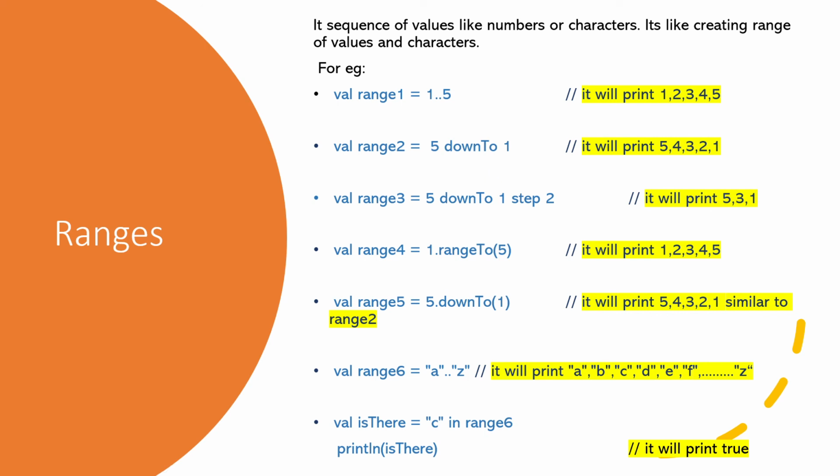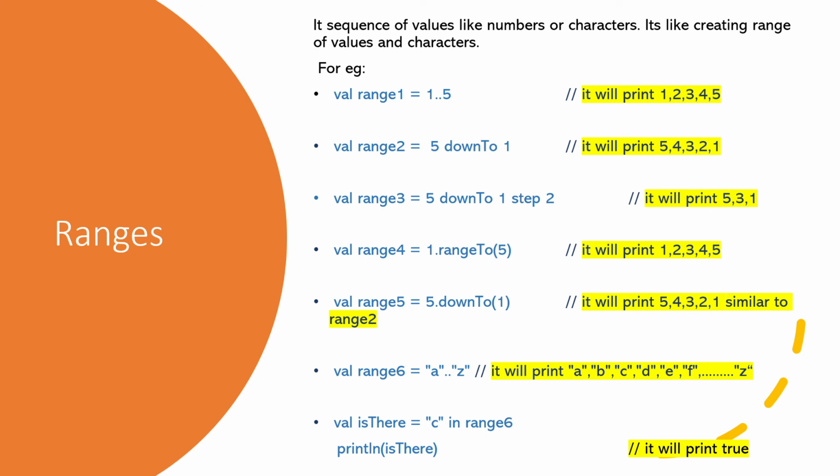It will set the values of range2 as 5, 4, 3, 2, 1, in descending order. Range3, 5 downTo 1 step 2, means setting the values from 5 to 1, but it skips every second value from the starting point, so it will set 5, 3, 1.